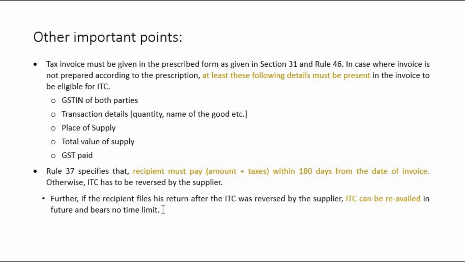See, if the recipient is paying taxes, or filing returns, after 180 days, after the ITC has been reversed, the ITC which was reversed by the supplier to the government can be taken back by the supplier. This is the meaning of ITC re-availment, right? And to take it back there is no time limit, right?